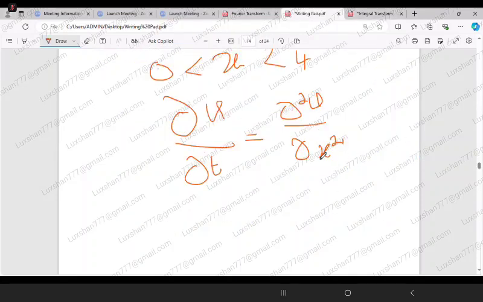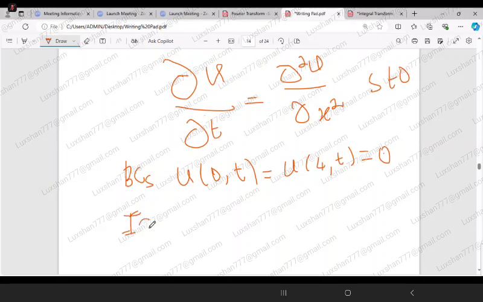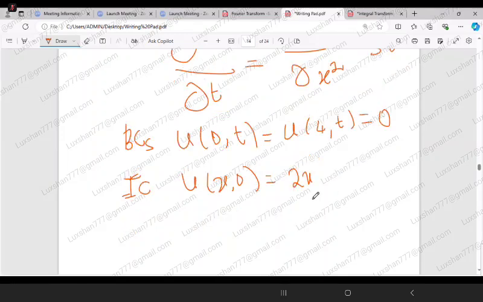So this is the differential equation, subject to the boundary conditions u(0,t) = u(4,t) = 0 and the initial condition u(x,0) = 2x.